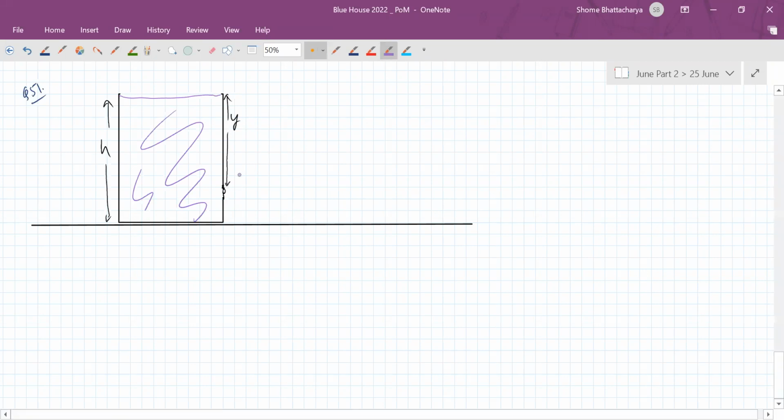So what happens is that the liquid coming out here, what is the range it achieves?